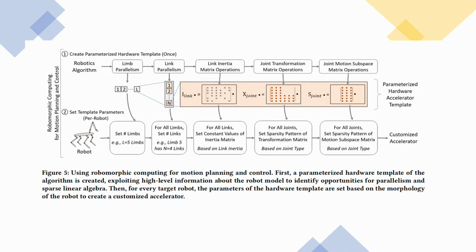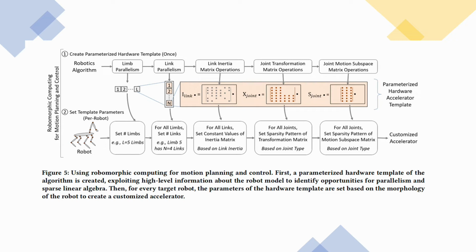So coming to the second step, by setting the template parameters per robot, initially they set the limbs, for example let's say 5 limbs, and then for all the limbs they need to set the links. So there is a concurrency between step 1 and step 2. They are interlinked with each other by performing the operations.